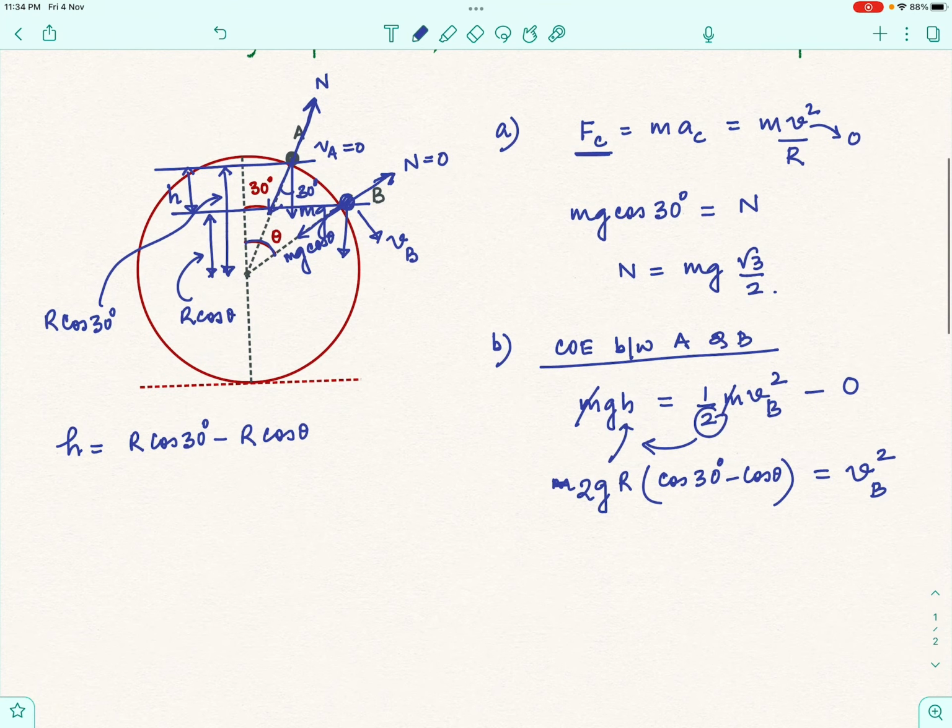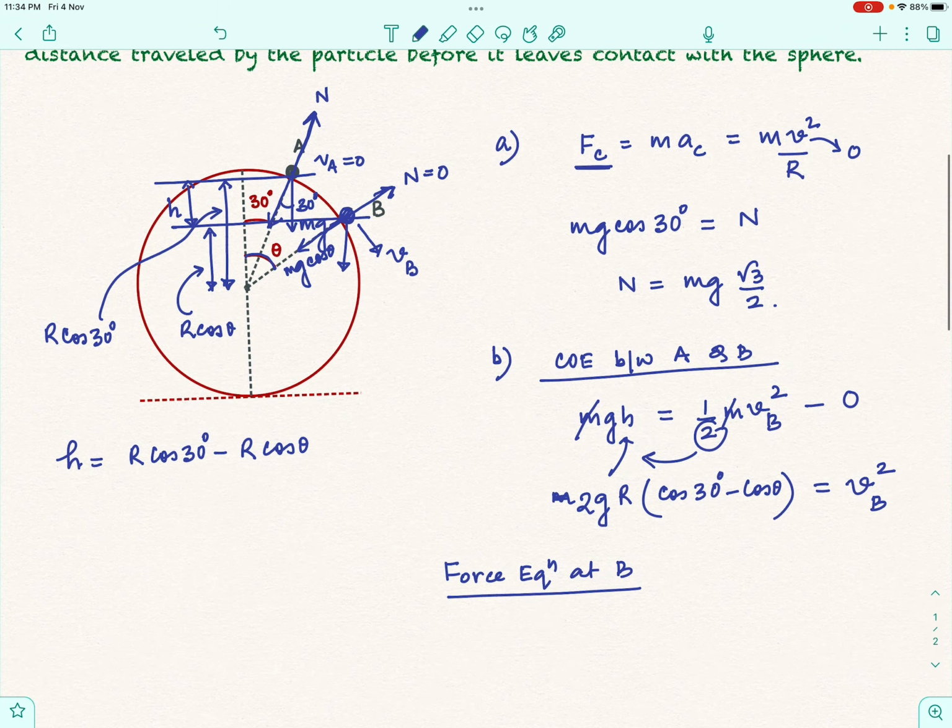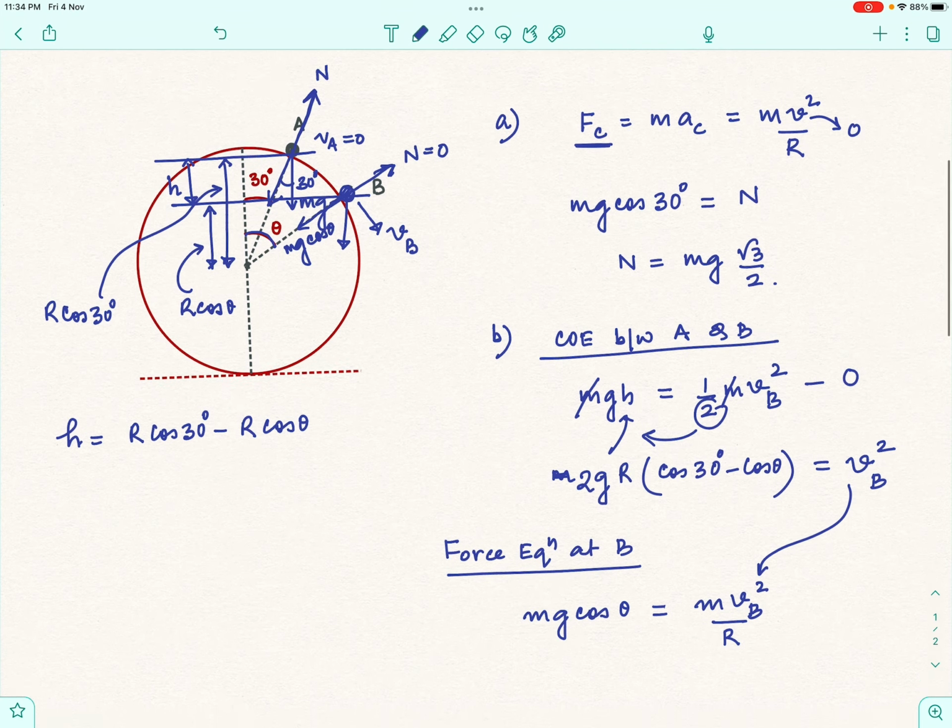And the second thing that we can do is use the force equation at the point B along the radially inward direction. Since the normal force is 0, it is only mg cos theta which is providing all the necessary centripetal force, which is equal to m into vB squared by r. Now we can substitute the value of vB squared from the above equation and solve this.